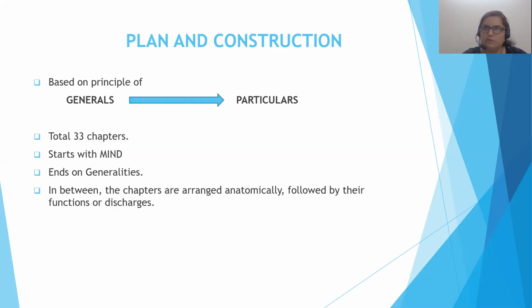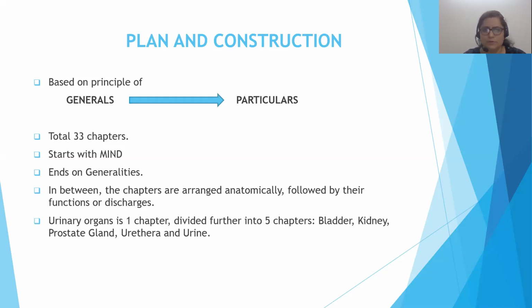After the mind, the chapter is vertigo, then head, then eye, then vision. So basically the chapter and then its further divisions. That is how things are arranged anatomically from head to toe, but starting with the mind and ending with generalities, because there have been certain changes in the plan, the way rubrics were arranged, that is, a certain difference in the generalities chapter which is there in the repertory.